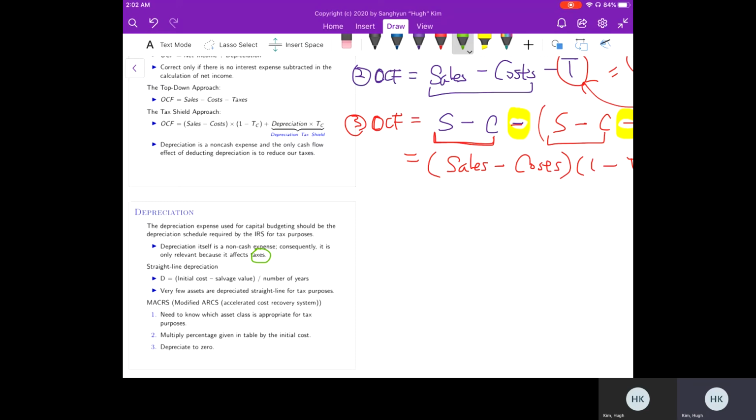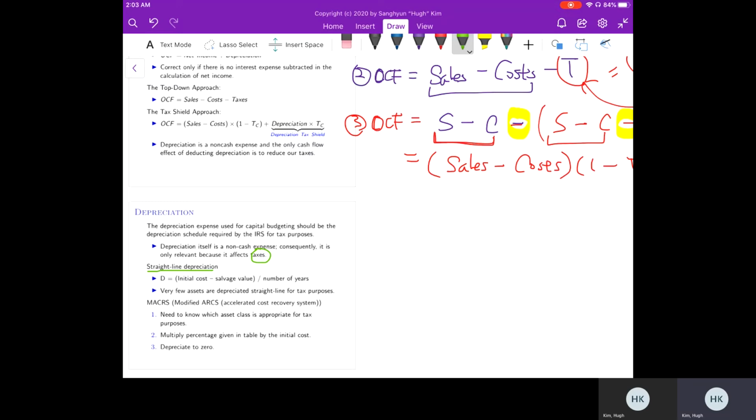In the previous example, we used straight line depreciation, and the depreciation expense is calculated as the initial cost of the asset minus the salvage value of the asset, which we assumed to be 0 in the previous example, divided by the number of years. But this straight line depreciation is used only for simplicity because very few assets are depreciated straight line for tax purposes.